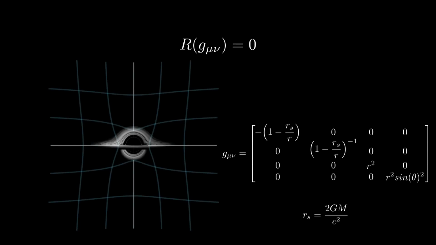It describes the surroundings of a non-rotating black hole by assigning a set of numbers to each point in space depending on the distance to its center and the amount of mass inside. And one important thing to remark here is about these two numbers. Outside the black hole, this is negative, and this is positive. Inside a black hole, this becomes positive, and this negative.